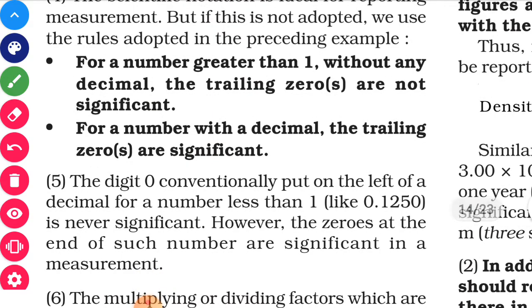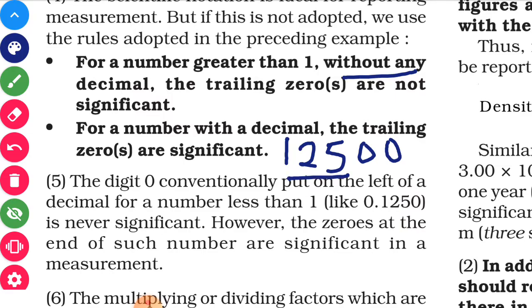Okay, so we have understood this way, that if it is 12500, then trailing zeros are insignificant, so there must not be first of all decimal point, without any decimal point.